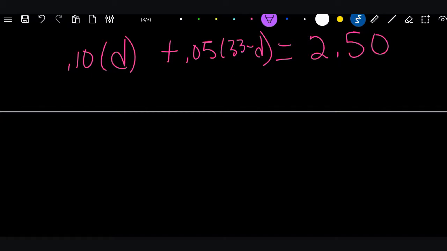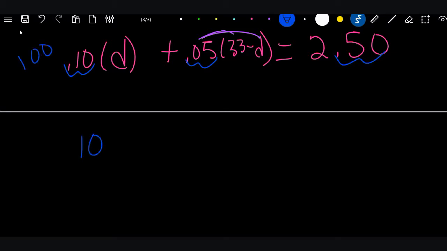And so what I want to do is go ahead now and combine these like terms. One thing that I can do here is distribute. But one thing that I might want to do before I even start that, because I just want to get rid of those decimals, right? I don't want to deal with decimals. So if I need to move these all 2 places, I could multiply everything by 100. That's right.